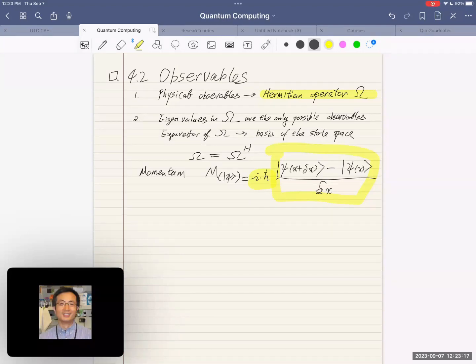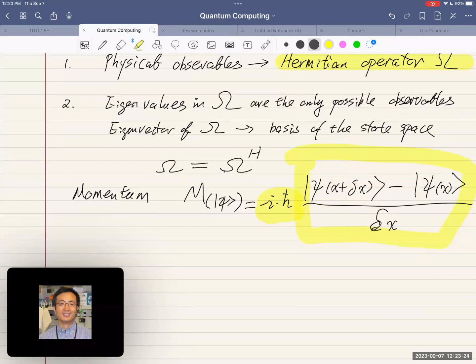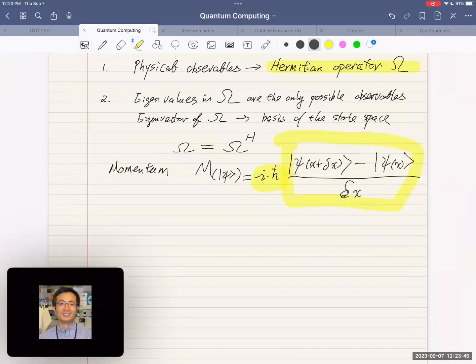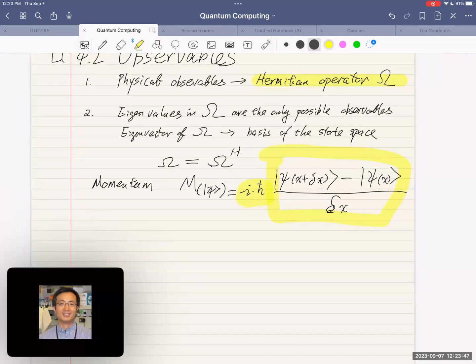There must be books and books to explain this. The Hermitian operator basically means the matrix equals the Hermitian transformation of the matrix itself.